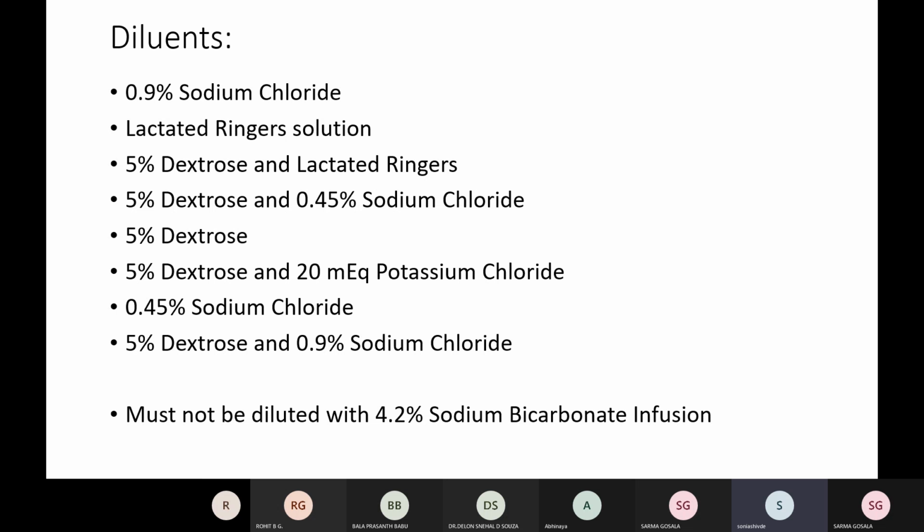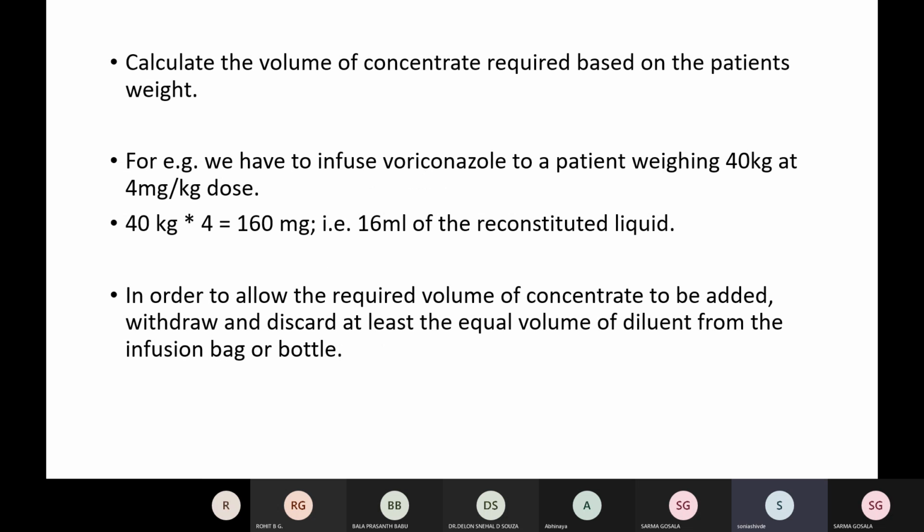Also, if we want to simultaneously correct hypokalemia, we can use 5% dextrose with 20 milliequivalents of potassium chloride added to this, as well as a half normal saline combination. It must not be diluted with sodium bicarbonate infusion 4.2% because of the alkaline medium, and that will lead to decomposition of the drug. So the total volume of concentrate required, we have to calculate based on the patient's weight.